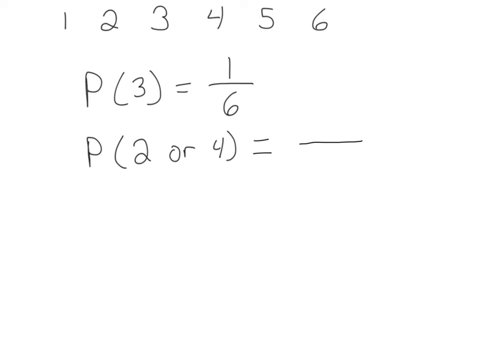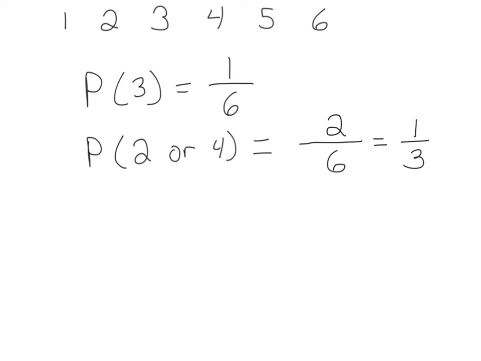So that hasn't changed. There are still 6 possible outcomes for me. Now, what is the probability of me getting a 2 or a 4? Well, I see there's 1 chance for me to get a 2, and here's another chance for me to get a 4. So the probability of me getting a 2 or a 4 if I roll the die is 2 out of 6. And if we reduce that, that is a 1 out of 3 chance.